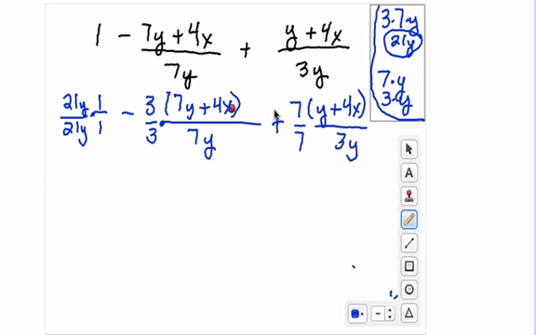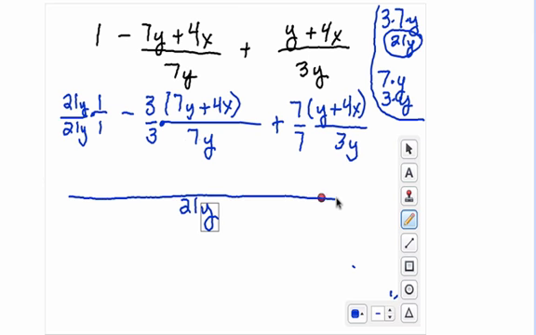Now we need to simplify things, and all of the denominators are going to equal 21y. So I like to go ahead and just put this all over 21y, because remember, when you're adding and subtracting, as long as the denominators are the same, you just start adding the numerators together, or subtracting in this case. So we're going to have 21y, and this is going to be minus 3 times all of this value.